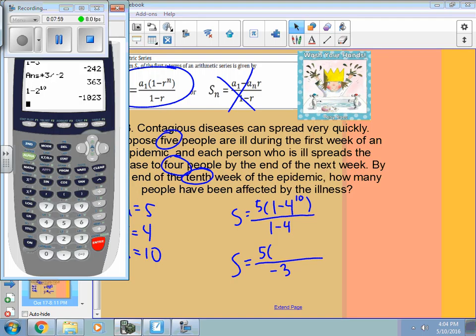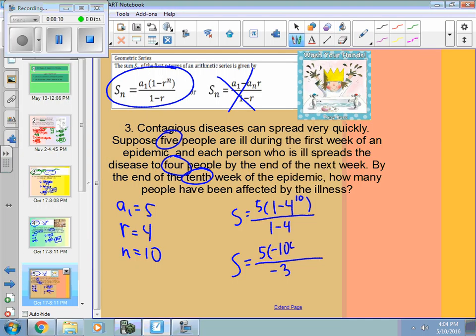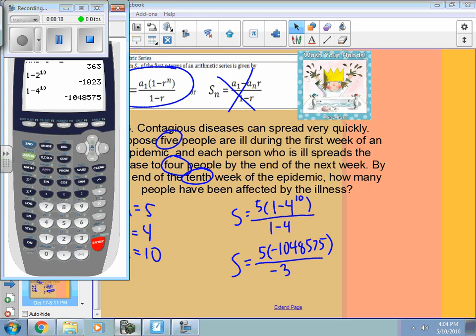If you put that in your calculator, it's going to be quite a big number. It looks like we're in the millions here already, -10. Okay, next, make sure you multiply and then divide. So times this by 5, divide by -3.